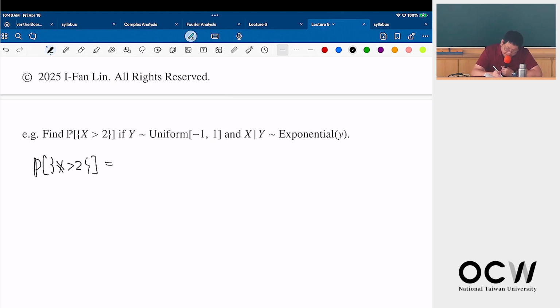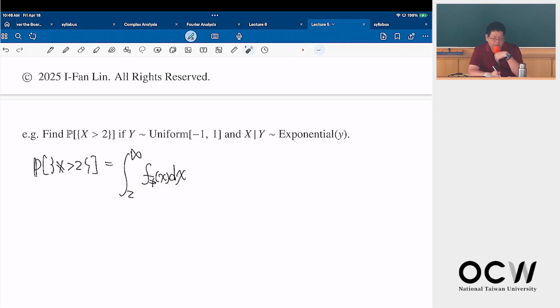From the definition, greater than 2, that means I do the integration from 2 to infinity times the PDF of x dx. Now again, what is the PDF of x? Here we don't know the distribution, but we can think of this PDF as a marginal PDF. So if it is a marginal PDF, how can I get it? Using the joint PDF, right?